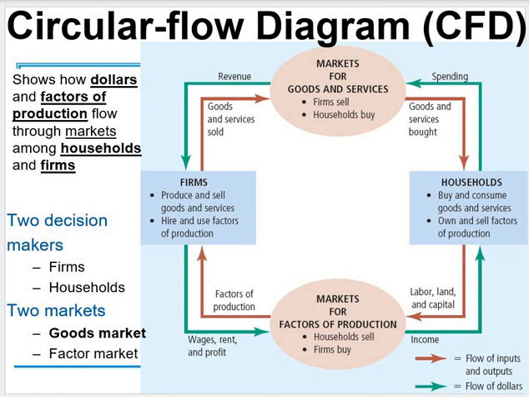So the circular flow diagram model kind of sets the stage of the game of economics, right? So first, it specifies who are the players of this game. In an economy, we have 2 groups of players, or as in the textbook, they're called decision makers, right? First are firms, and we also have households.